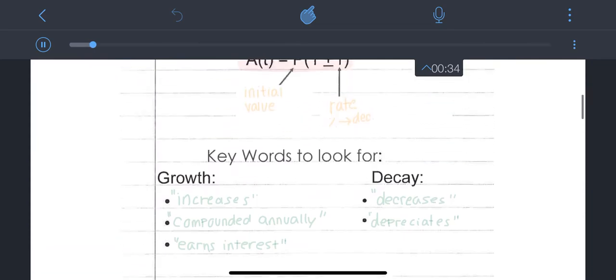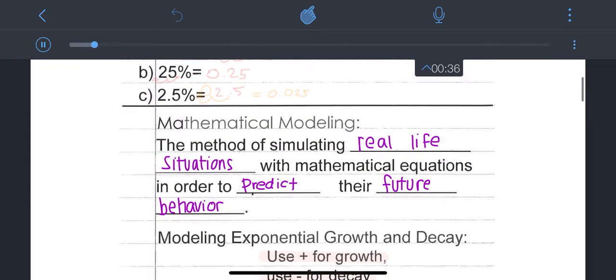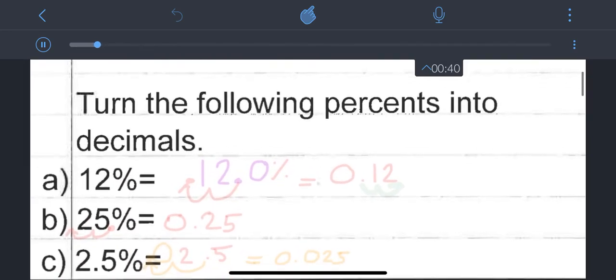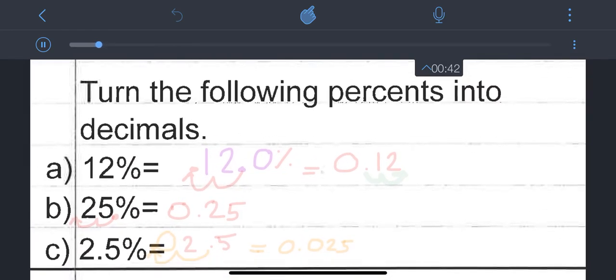Okay, so before we get into it, it is important to remember how to change percent into decimals because we will be using and dealing with percents, and you can't put them into an equation as a percent. They need to be changed into a decimal first. So if we want to convert 12% into a decimal, you take 12. And remember, a number has a decimal at the end, right? 12.0 technically is what this number is.